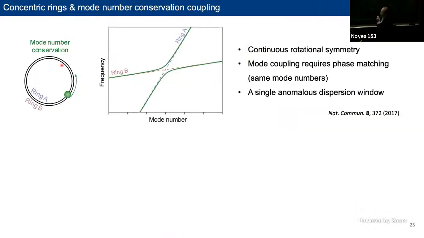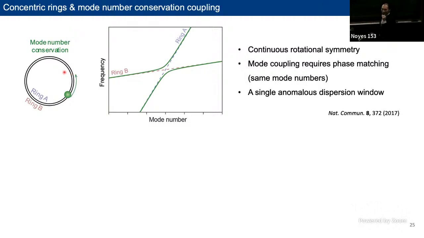In the concentric coupling between two resonators, as I demonstrate here, the two resonators are fully coupled together, and we assign them slightly different free spectral ranges, in other words, slightly different lengths of circumference.